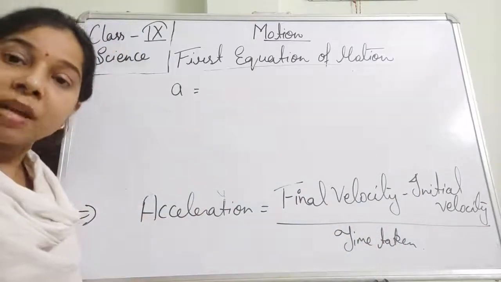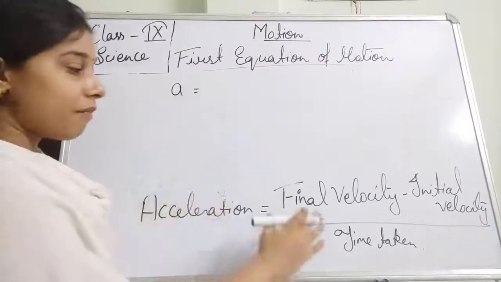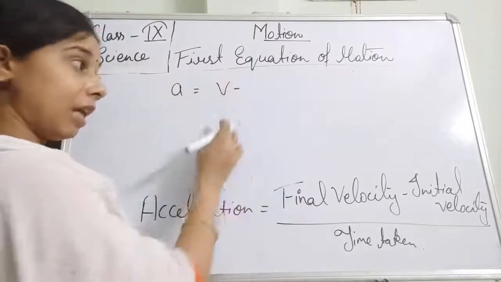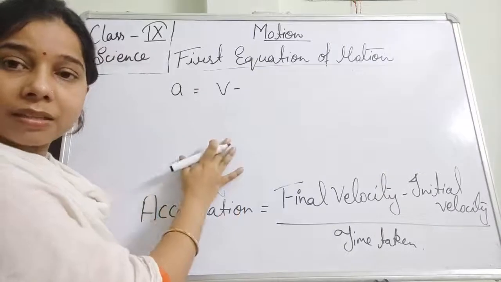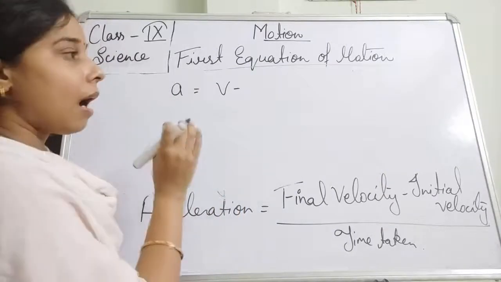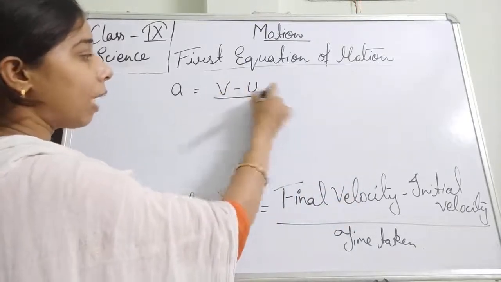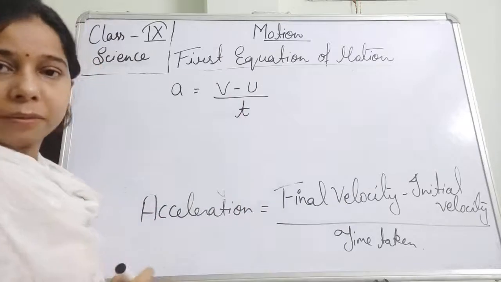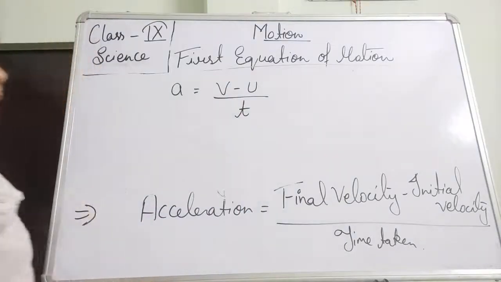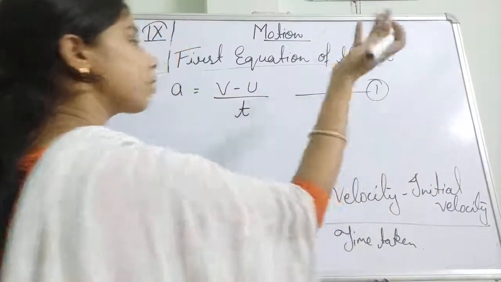The final velocity is represented by small v and the initial velocity by small u. So a = (v minus u) upon t, where time is represented by t. This is the first equation.